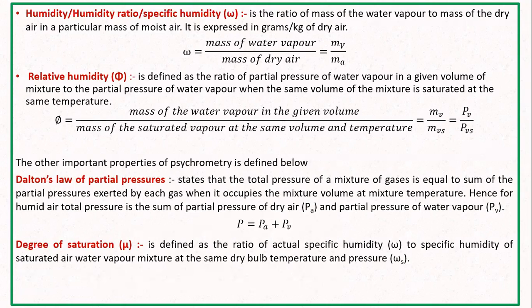So total pressure will be equal to the sum of the partial pressure of the dry air plus the partial pressure of the water vapor in a moist air.